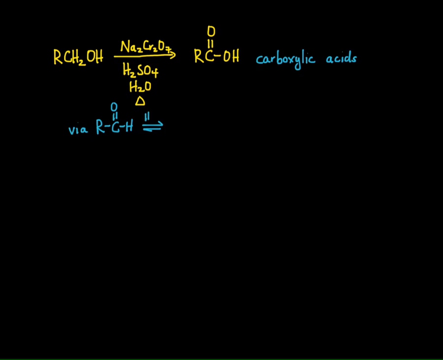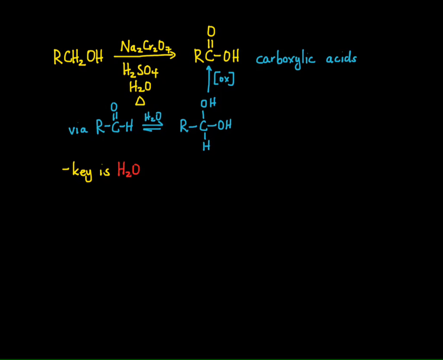The way this works is oxidation takes place first to produce an aldehyde. That aldehyde, in the presence of water, as we remember, forms an equilibrium with the geminal diol. This geminal diol can then be oxidized further with the chromium ion to a carboxylic acid.